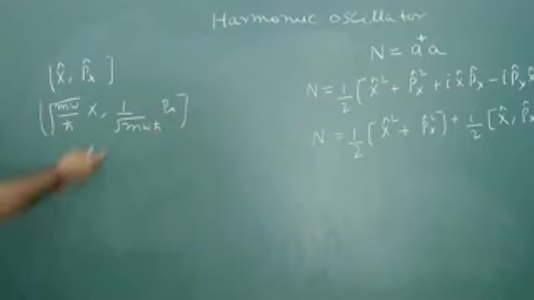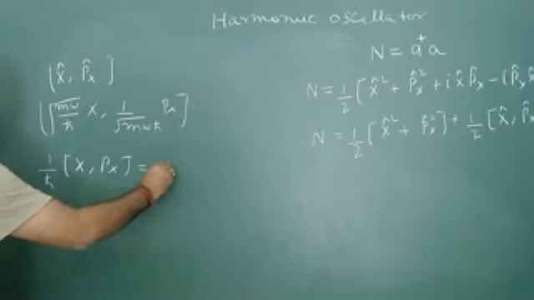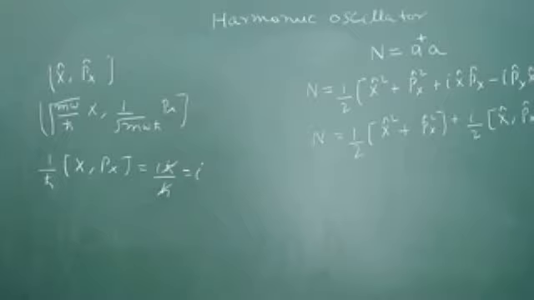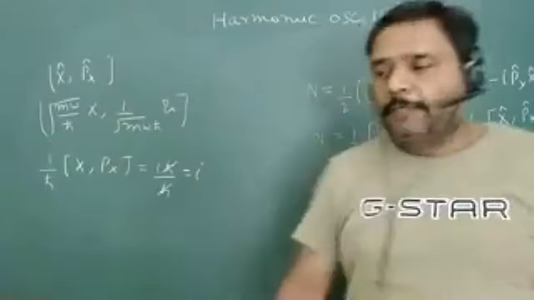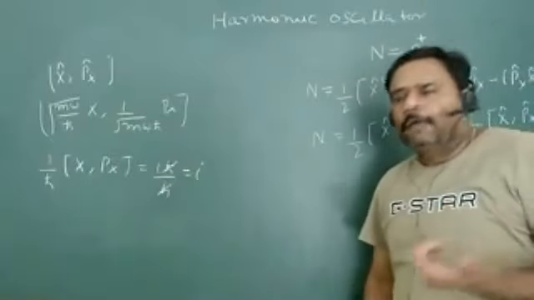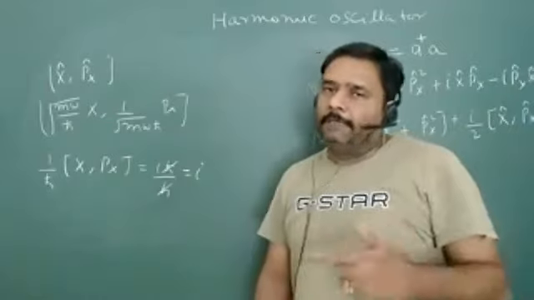You can see m omega is cancelled, so there is 1 upon h cut, and here are x and px. And we know what x and px commutation is: this is nothing but i h cut. So this can be written as i h cut upon h cut. This cancels out and we get i. So yes, the commutation of x cap and px cap is equal to i. Obviously it should be dimensionless.